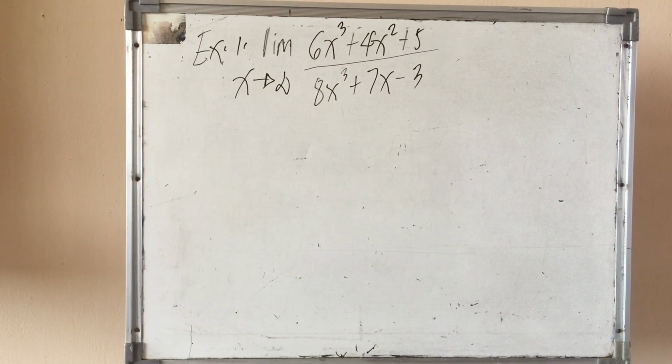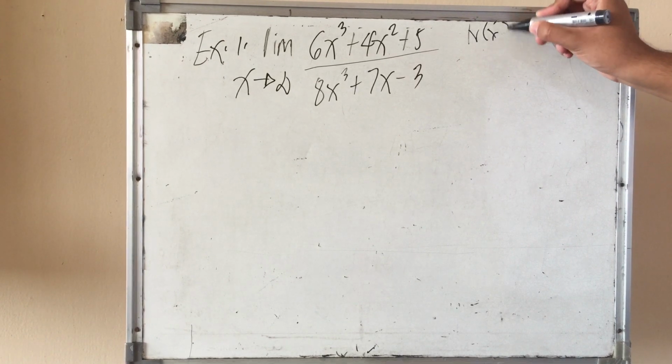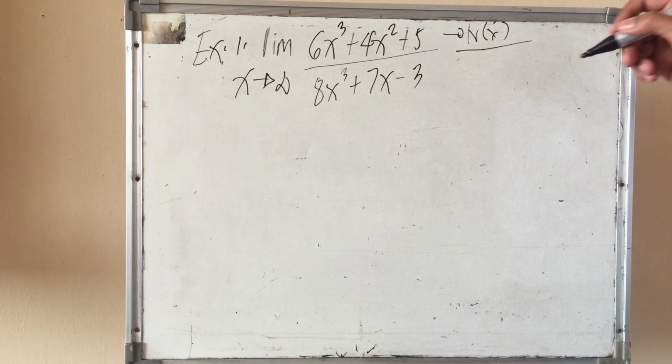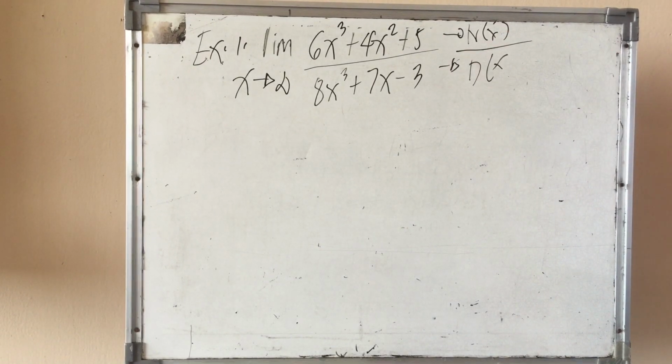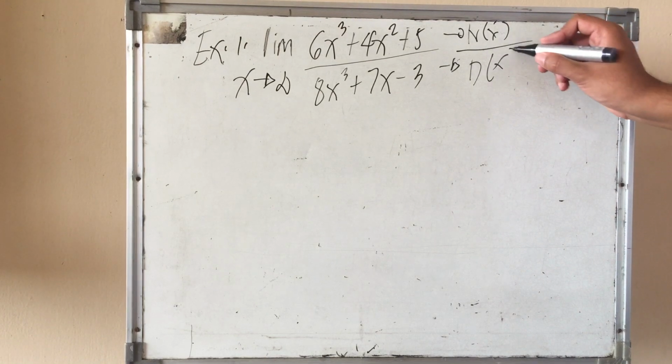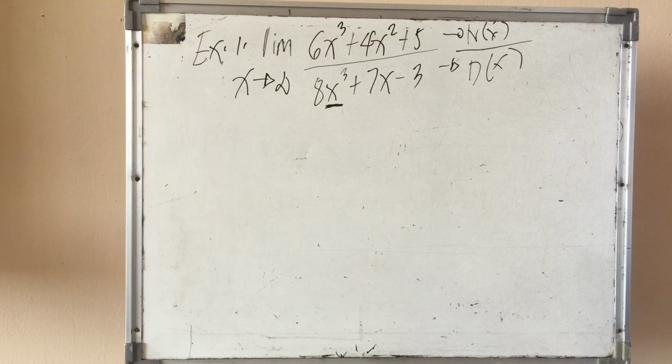Look first at our expression to see if it can be simplified. By applying the definition, to find this limit, first divide n of x by d of x. What is the highest power of x? We can see that the highest power of x is x cubed. So we divide n of x and d of x by x cubed.